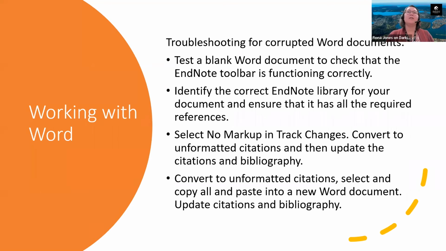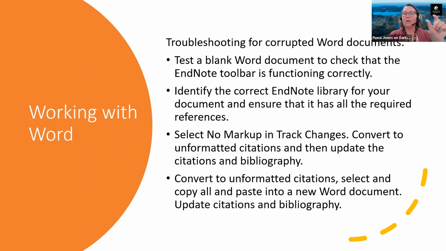The other thing is to get rid of any markup or track changes, comments and that sort of thing, because they can often damage a document. Converting to unformatted and then updating again is a really good way of fixing it too, because if it can't find all the references in your document, it will alert you.